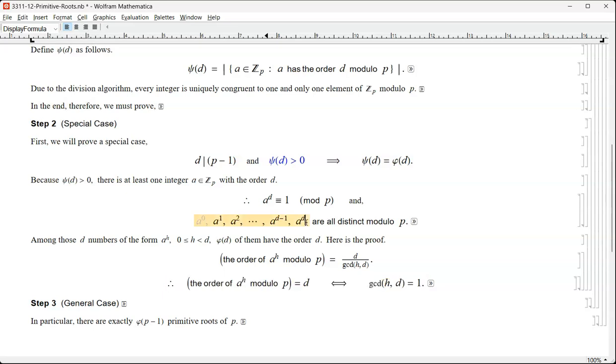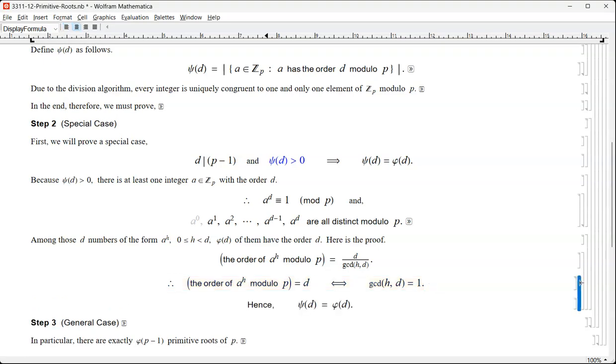And then let's go back to this. Among the powers 1, 2, 3, 4 up to d, how many are relatively prime to d? In this case, going 1 through d is more convenient than 0 to d minus 1. We have the precise definition of the Euler-phi function. So it's phi of d.